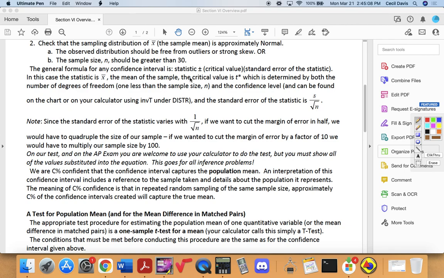So on this, you need to put a number in for the statistic, plus or minus, put a number in for the critical value, times the standard error of the statistic. Those 3 values must be filled in, and then you can give me the confidence interval. Okay? By doing that, you don't have to name the test or the procedure specifically, although that's a good idea, because you have shown that you know the right formula to use. Okay? All right.